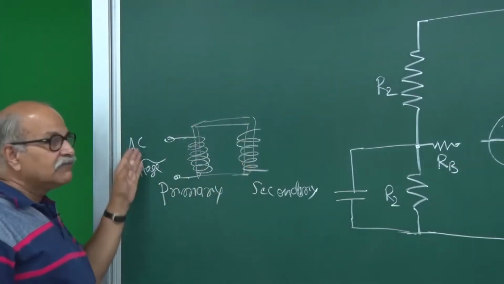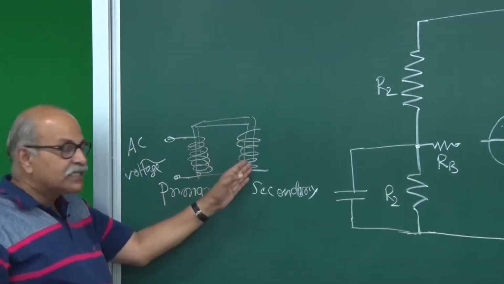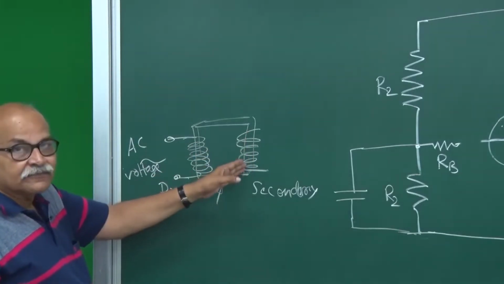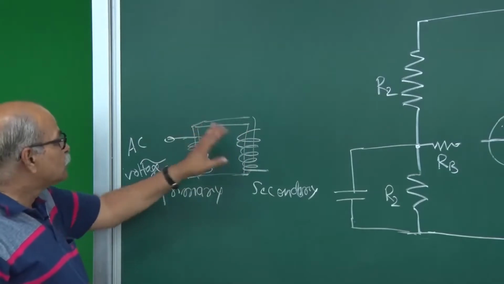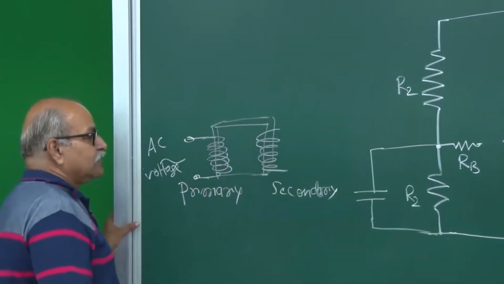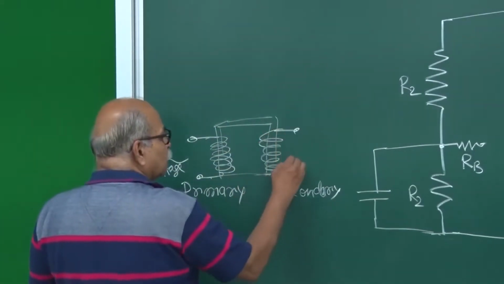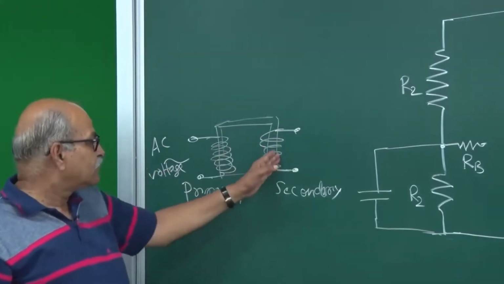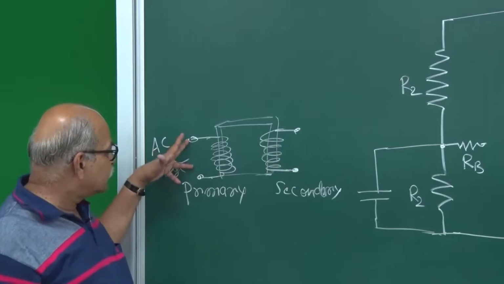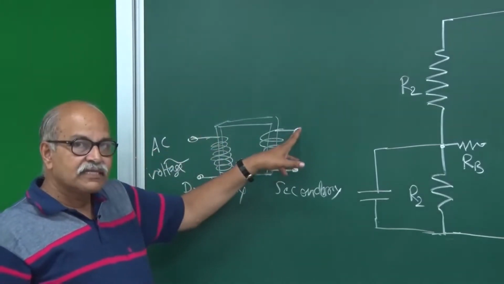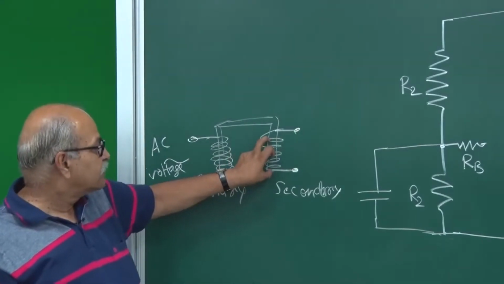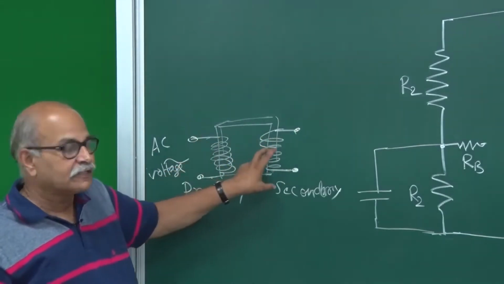Since it varies with time, this flux also changes with time, and then you have a voltage induced here. Then you have all that mutual inductance, all those mathematics can be done. So you produce a voltage here, and the ratio can be determined. How much voltage is here and how much voltage is here is determined by the number of turns here and the number of turns here.